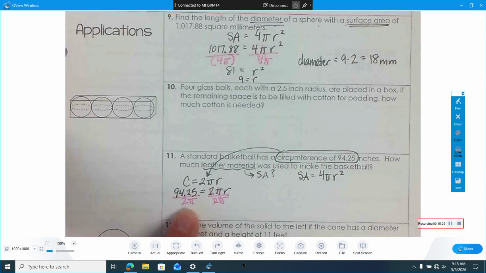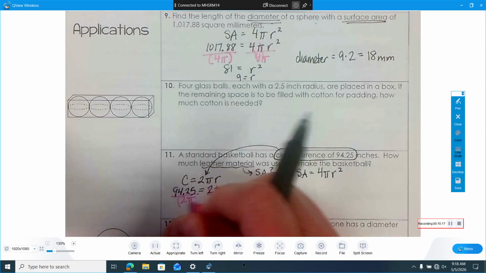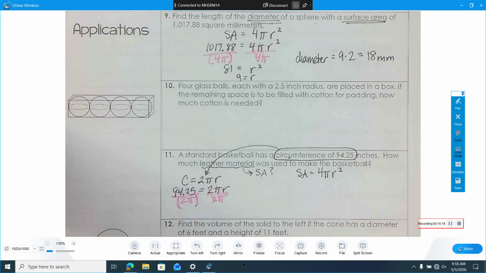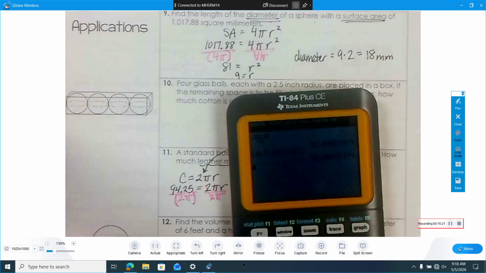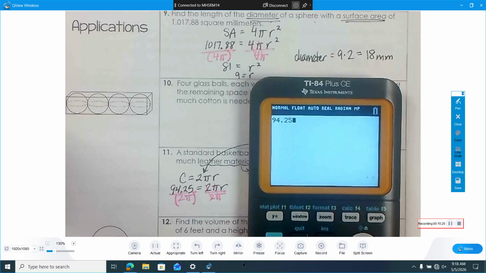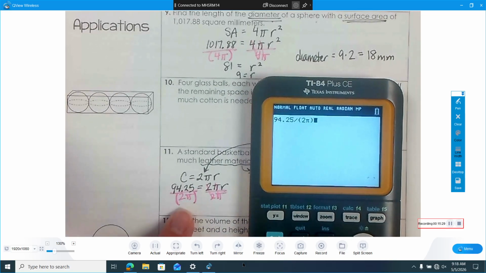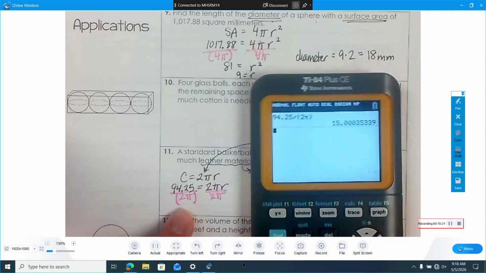What do I need to do with that 2 pi? We got to make sure we're dividing both. So I'm going to put parentheses around it so that I divide everything there. 94.25 divided by the 2 and the pi. And I get 15 even.